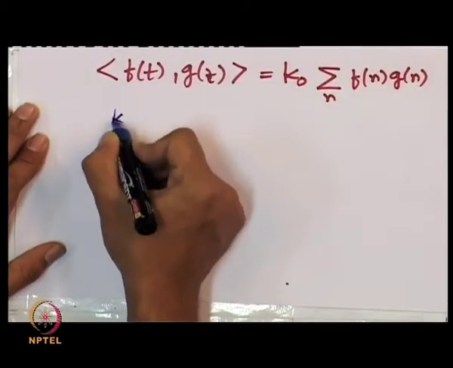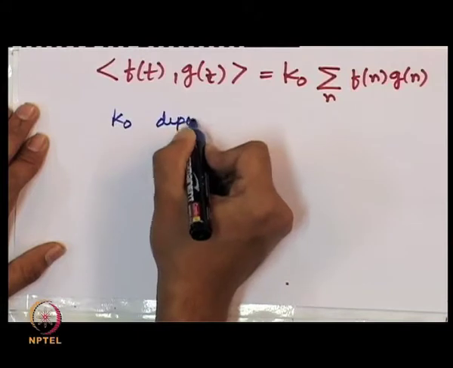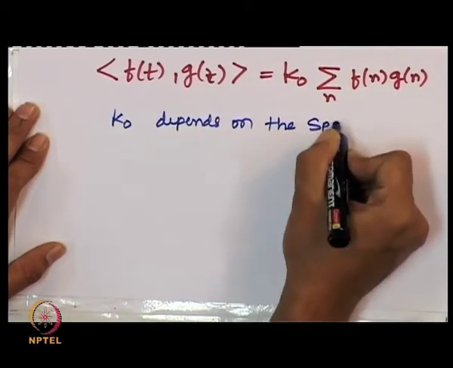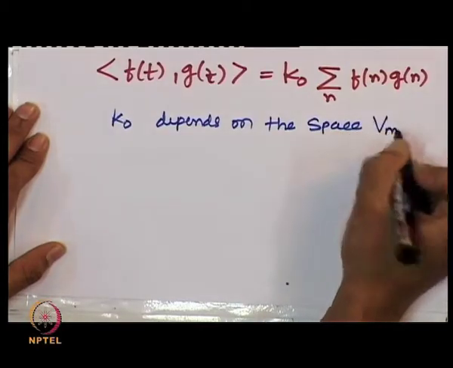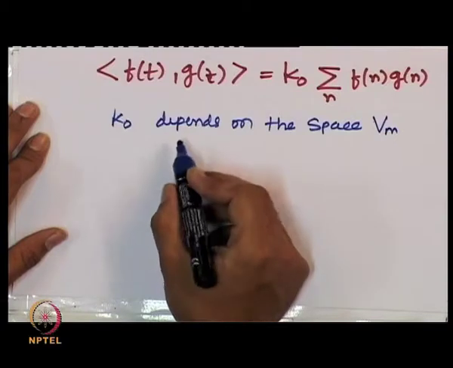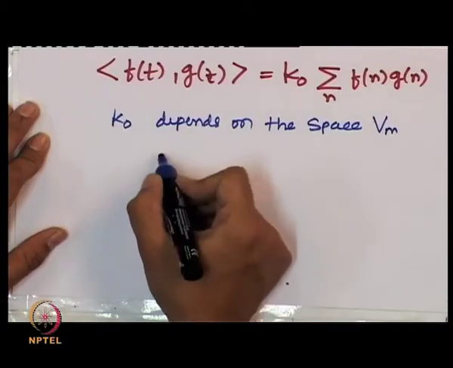K0 generally depends on the space Vm in which f(t) and g(t) belong.